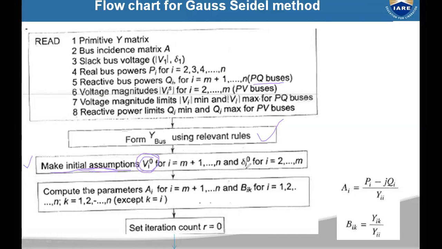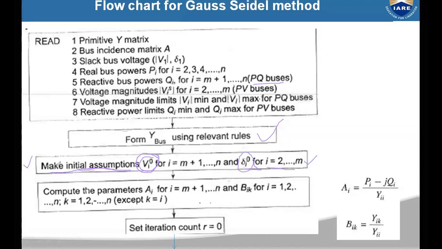And the angles for PV buses, delta i naught, where i is 2 to m. That means delta 2 naught, delta 3 naught, delta 4 naught up to delta m naught. These all you have to assume. Generally this delta will be set to 0 degrees.